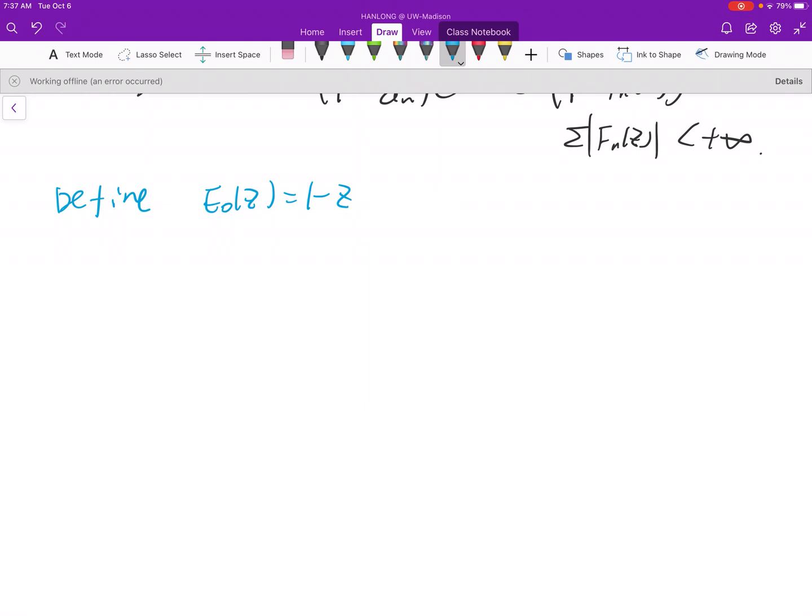And look at what is 1 over 1 minus z. This is exponential of minus log of 1 minus z. And if you do Taylor expansion, you will have z plus z squared over 2 plus z cubed over 3 plus all the way up.